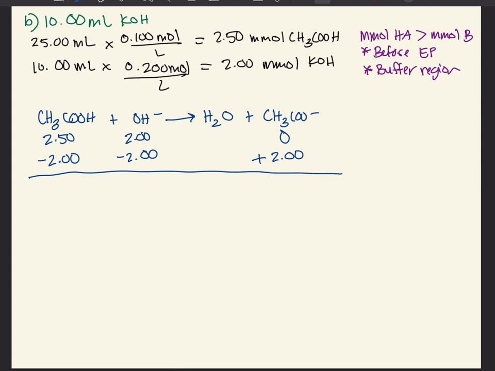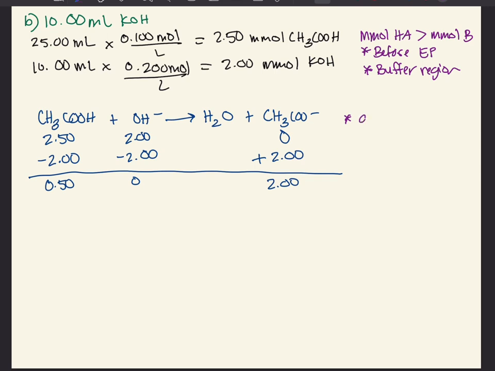So once this neutralization reaction is complete, I'm going to have 0.5 millimoles of acetic acid. I'm not going to have any hydroxide left, and I'm going to have 2 millimoles of my acetate. Notice that all I have in solution are my weak acid and conjugate base.